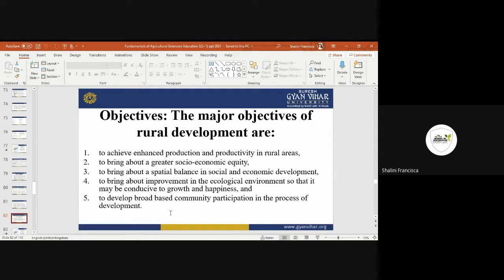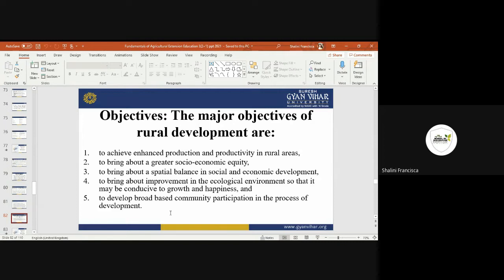To bring about improvement in the ecological environment so that it may be conducive to growth and happiness. So it is also giving importance to what their natural resources are and how much they can have, how much effect they can have from them, and how they can be happier by keeping the money for further use.